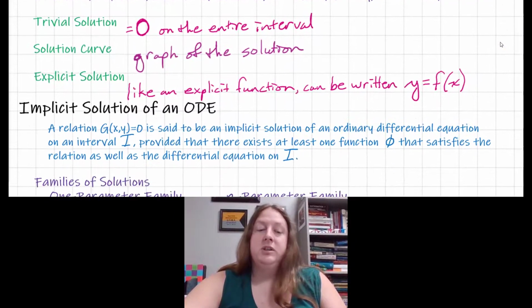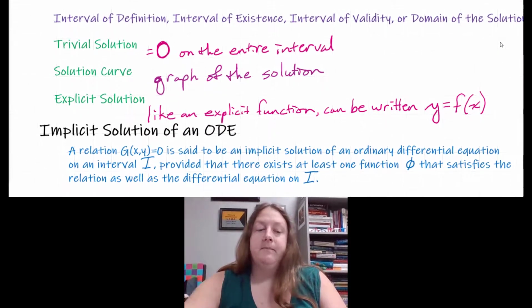The other type of solution that we come across is an implicit solution of an ODE. For an implicit solution, we have a relation g of x,y equals 0.